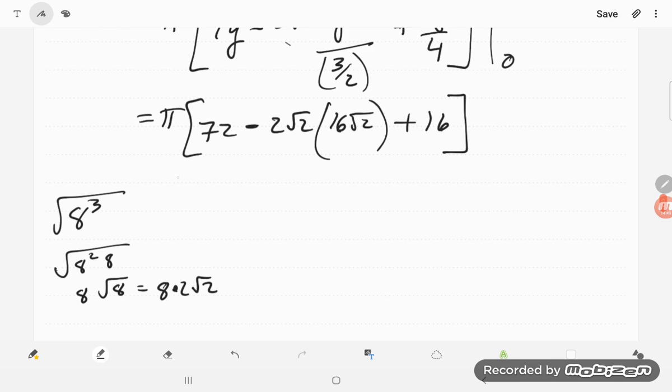So a lot of calculation here with this, but what do we have in all this? Well, we have a 72 minus 16, so that's 56. And then minus 16 times 4.